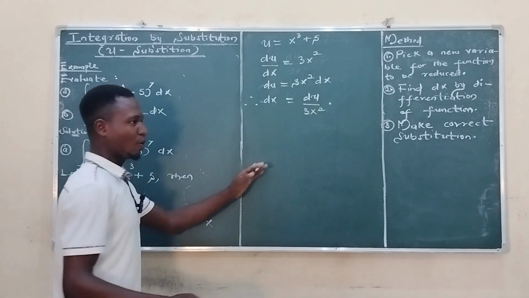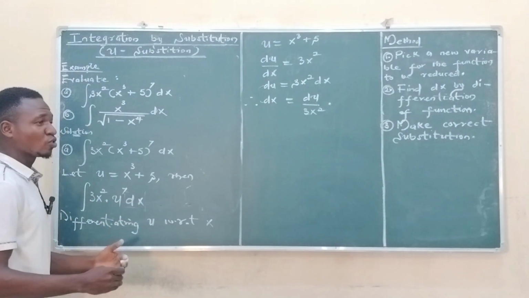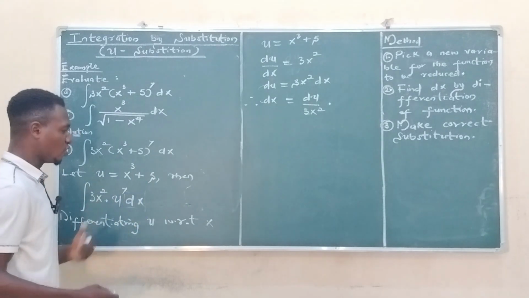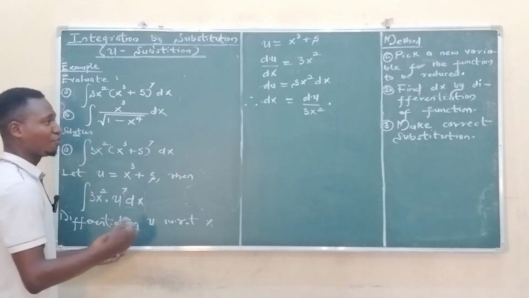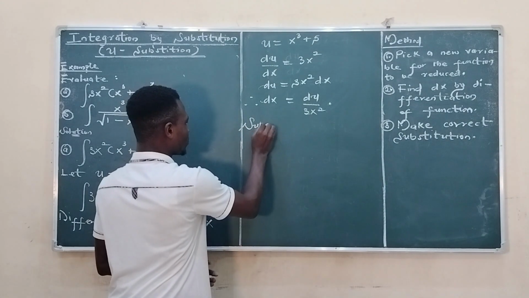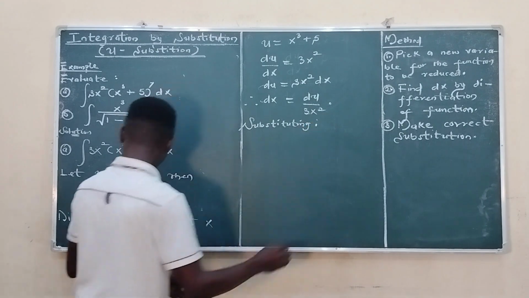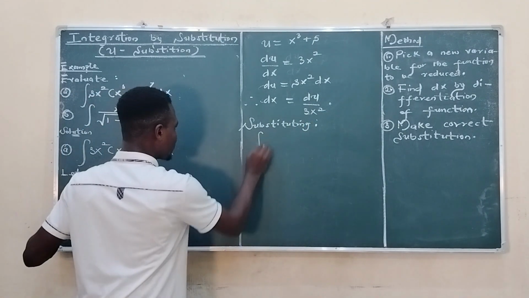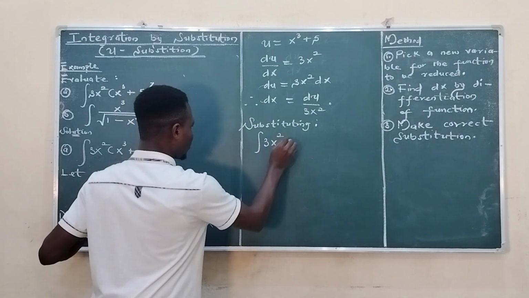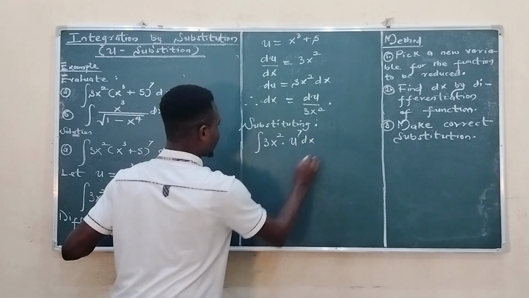So this is where we are now. We have known the value of dx, and this allows us to now substitute. We have the u part and we have the substitution part. We have done the u part and we have differentiated. Now comes the substitution part. Substituting, we have the integral of 3x squared times u raised to the power of 7 dx.